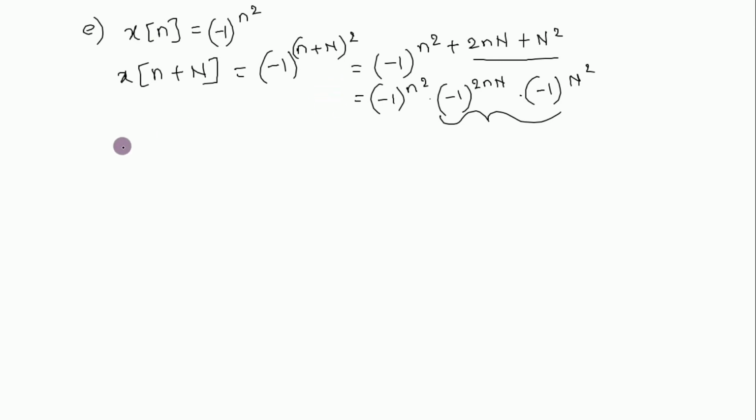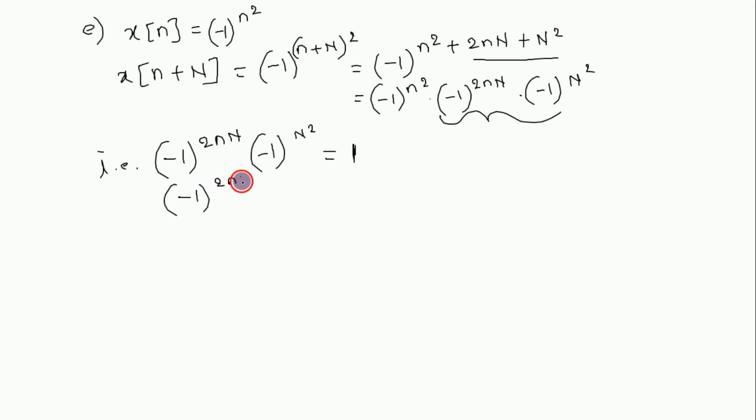So what am I supposed to do? Minus 1 raised to 2nN times minus 1 raised to N square should be equated to 1. So first I take it as minus 1 raised to 2nN plus N square, which should be equated to 1. Simple, as we did in the previous case.